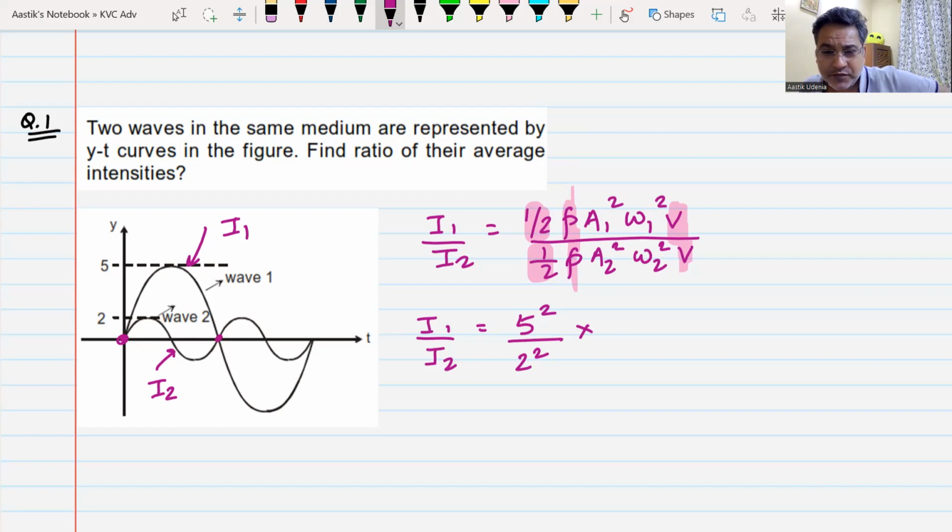Yes or no? Because in the time that the first wave completes one half cycle, the second has completed one full cycle. The frequency is 2 times. So 1 divided by 2 squared, and therefore your answer becomes 25 by 16. Do we understand this?